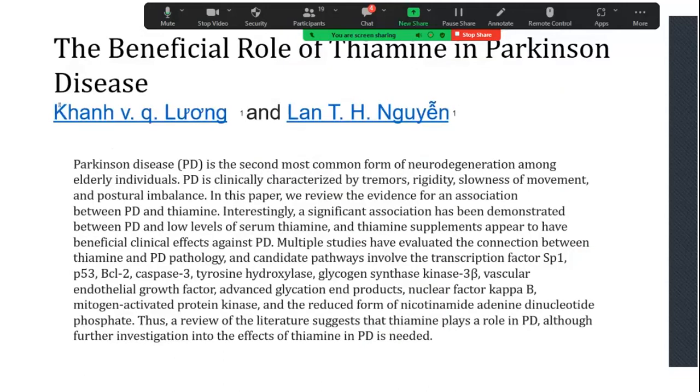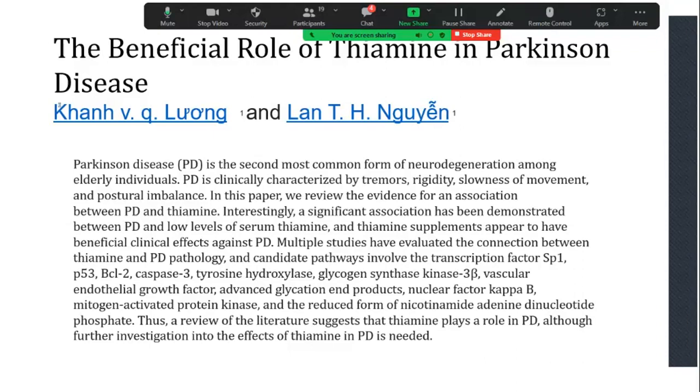I will ask Dr. Joseph, if he's interested, to give us a lecture on thiamine and Parkinson's disease. Thiamine helps to increase the expression of antioxidant enzymes, same as NAC, but it also blocks p53, and there are many other mechanisms. It helps the release of dopamine as well. Dr. Joseph, if it's possible for you to go through this article, I'll send it to you, and then present to us thiamine with Parkinson's, showing all the mechanisms of action.